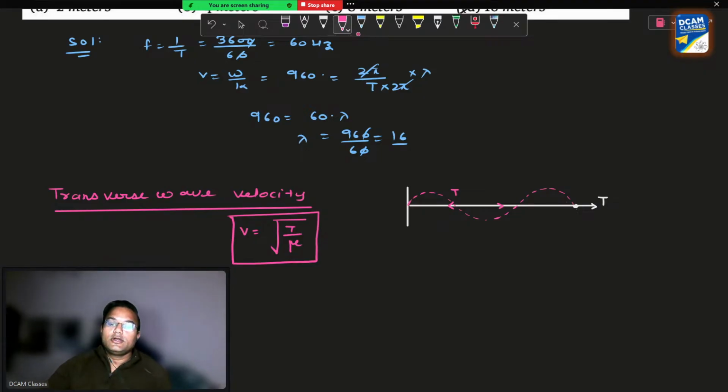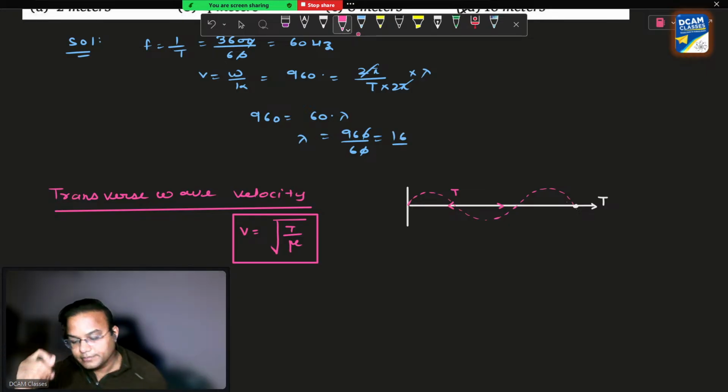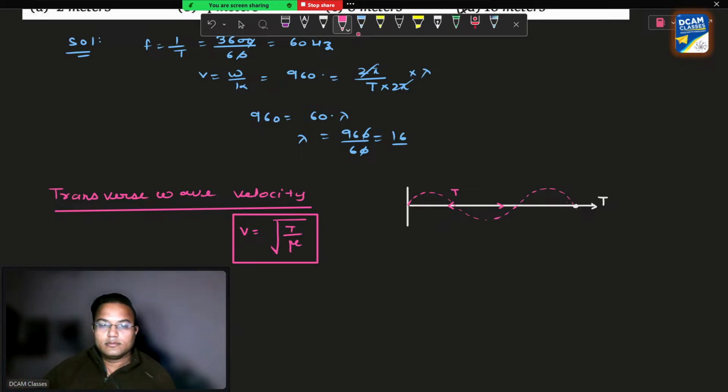Derivation is actually not needed at this point. If you want, I can tell you, but derivation is not at all needed. It's a small derivation only. T is the tension. Let me do the derivation, it's very small.